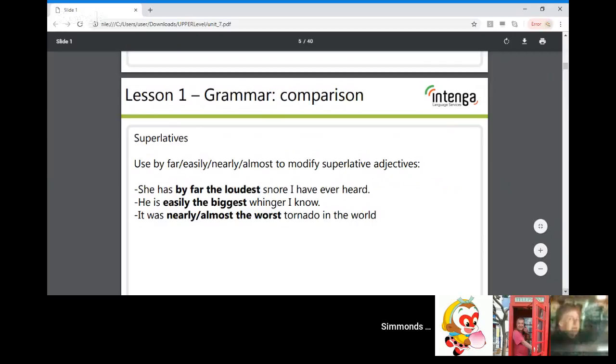Okay, so what's going on with superlatives here? The loudest, biggest, and the worst is an irregular change, but yes, that change happens. All right, so yeah, there's that. And what does a superlative do? What is it comparing?